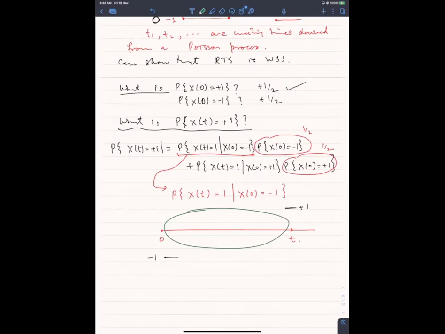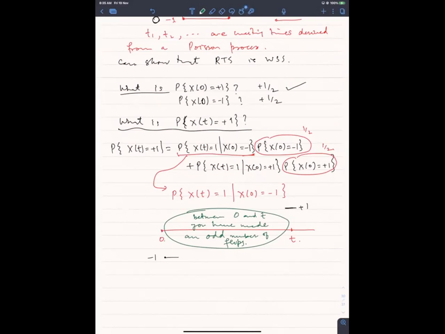So between 0 and t you have made an odd number of flips. Any question about that? कोई इसके बारे में कोई सवाल है?